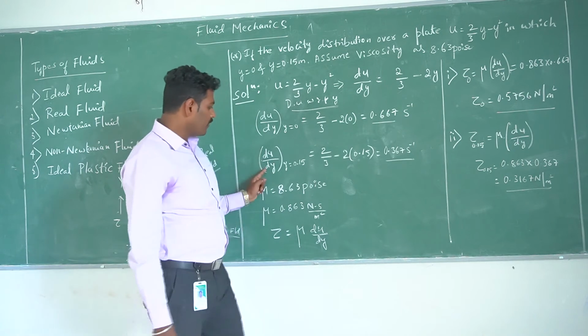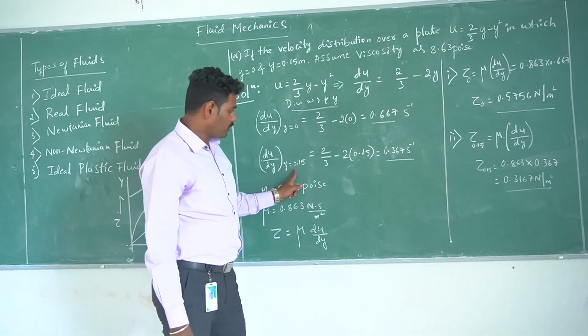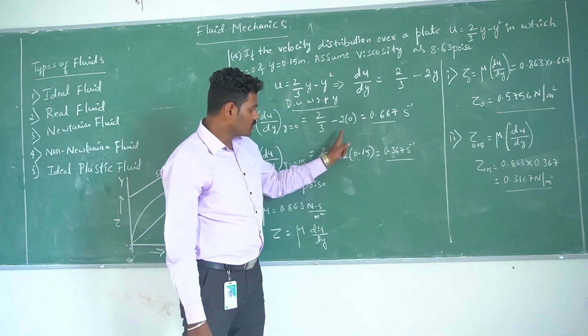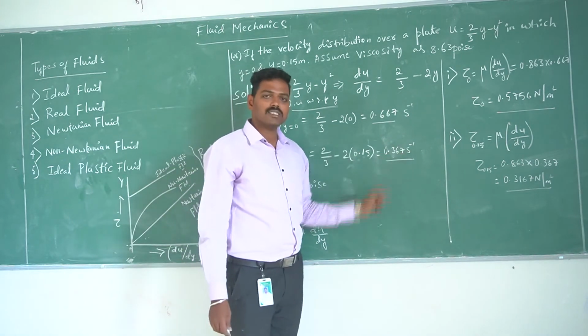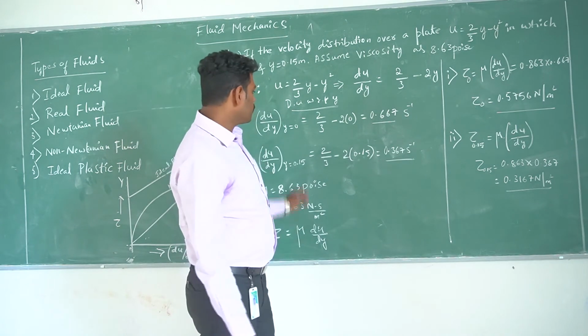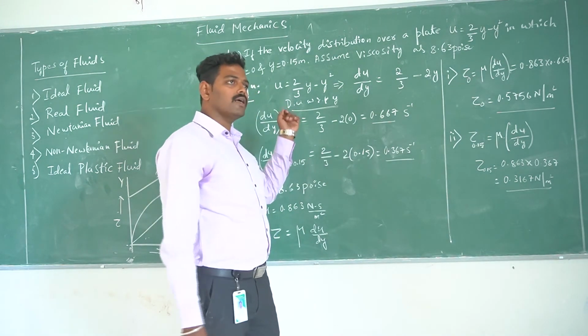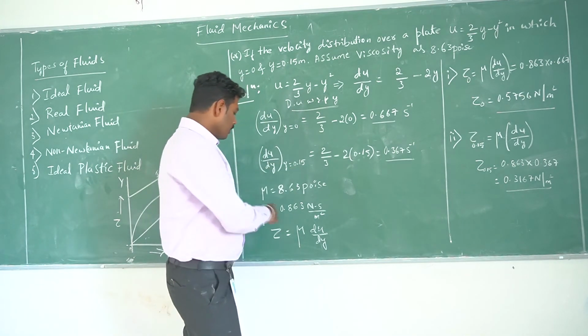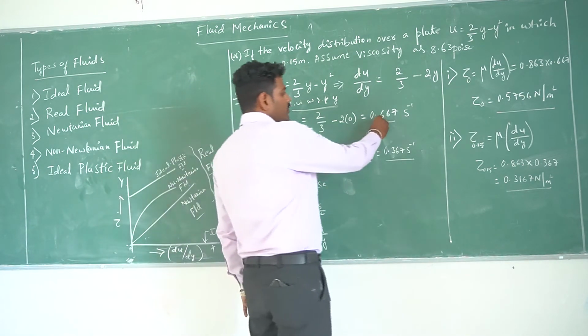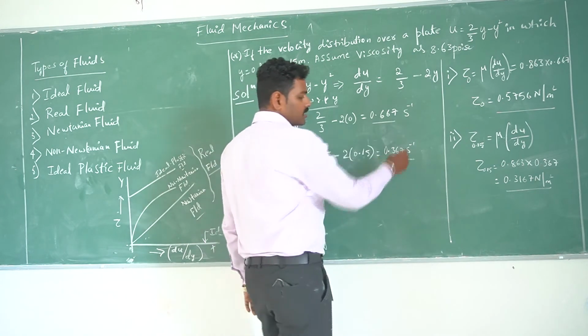Then du by dy when y is equal to 0.15 meter, that will be 2/3 minus 2 into 0.15. Then you will get 0.367 per second. So we get from both the conditions, that is when y is 0 and when y is 0.15, 0.667 per second and 0.367 per second.